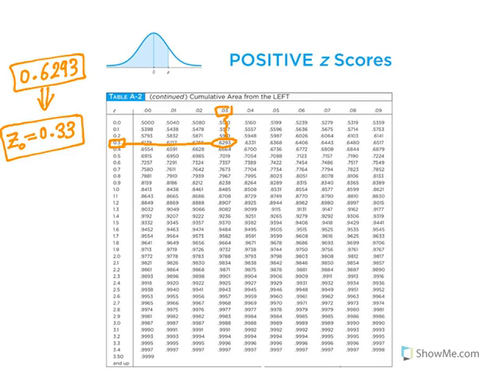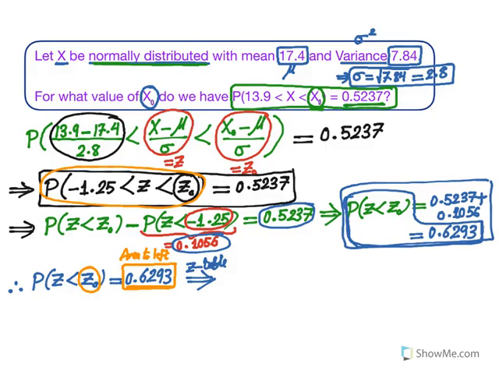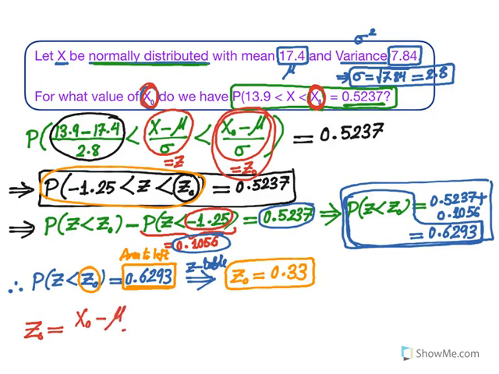Very good. So now let's go back and plug this in. So the z score, z0, is 0.33. Now, this is the z score of the data value, but what we need is the x0. If you go back to the question, you'll see that what you need to find is this x0 here. So remember first z0, what is it? We defined it to be x0 minus mu over sigma.